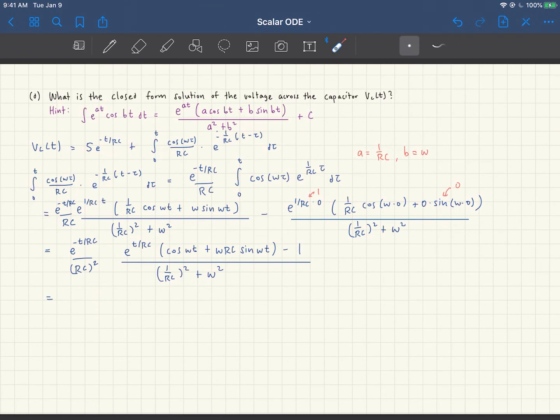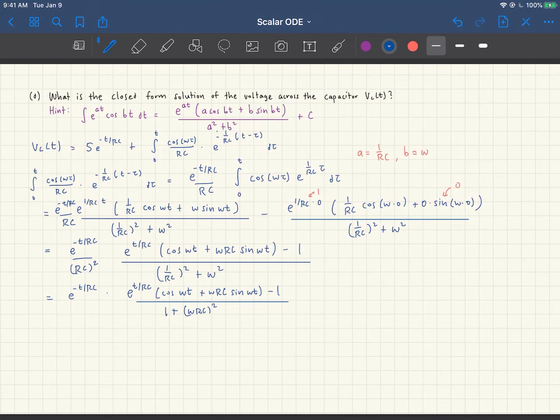Then if we put the RC squared into the denominator, we'll see that we get e to the minus t over RC times e to the t over RC cosine of omega t plus omega RC sine of omega t minus 1, all over 1 plus omega RC squared.